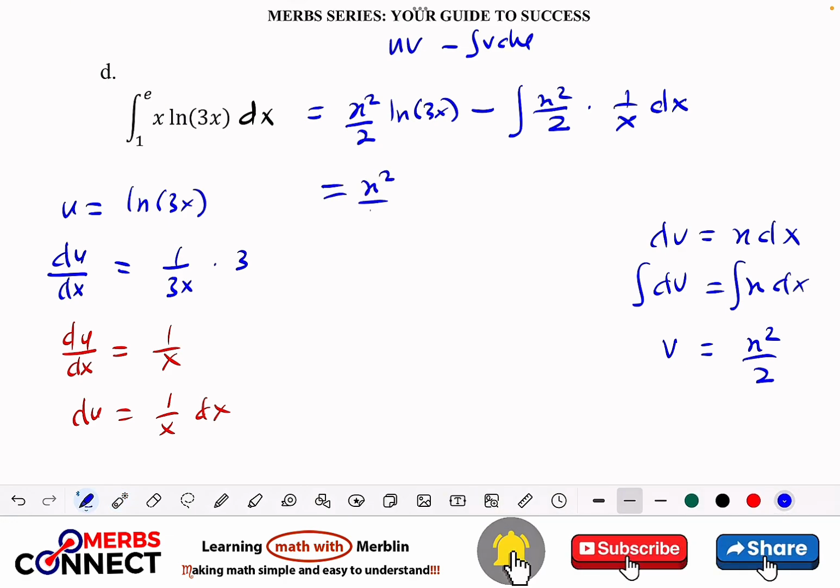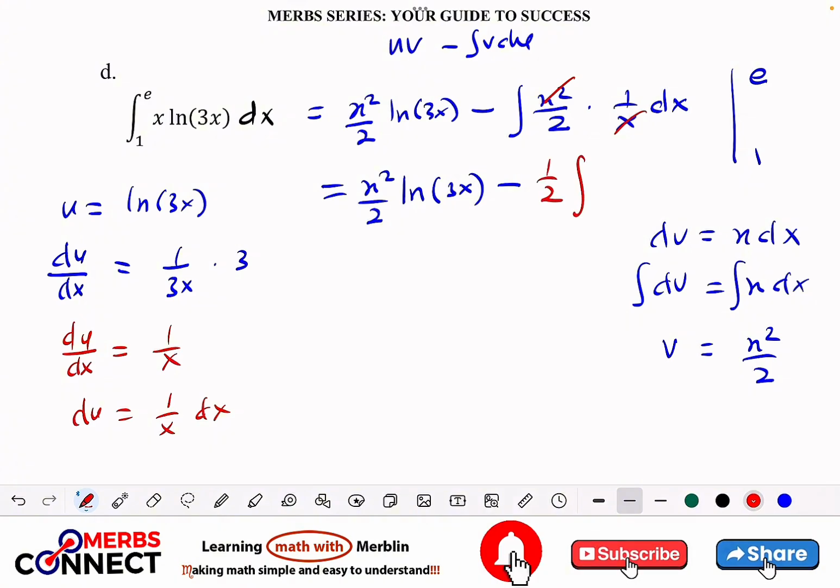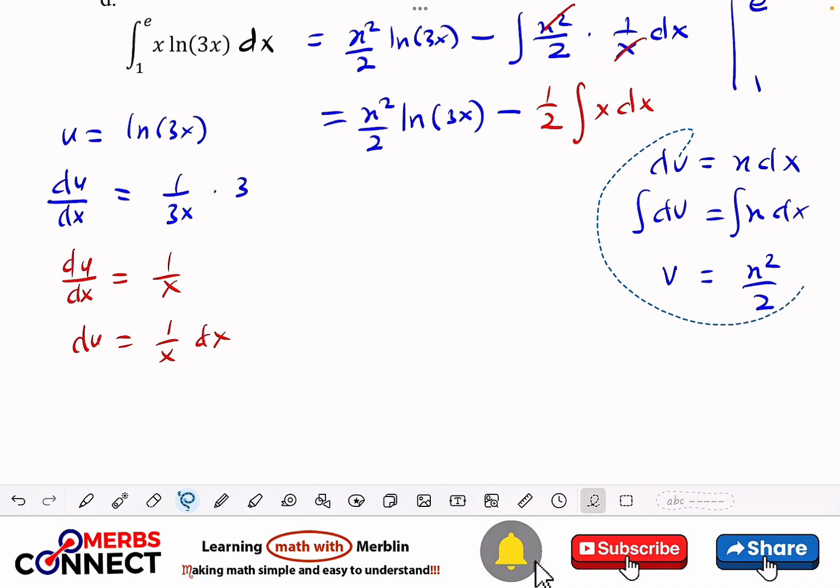So x squared over 2, don't forget we have the limit, from 1 to e. This 3x minus 1 over x will cancel one of the x here, so I'm going to have 1 over 2 x dx, and then let me bring this down here.